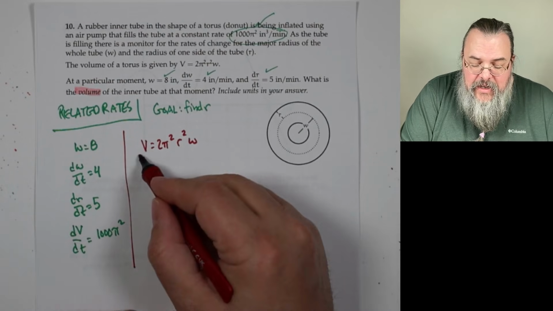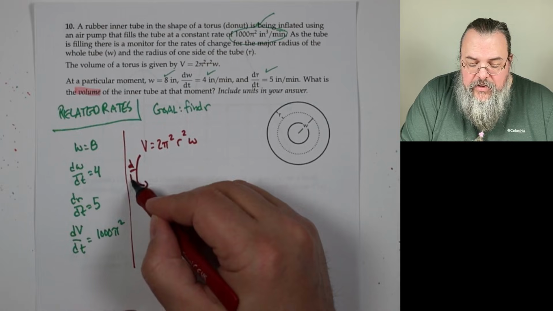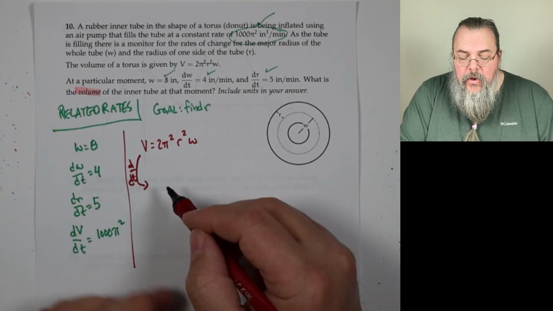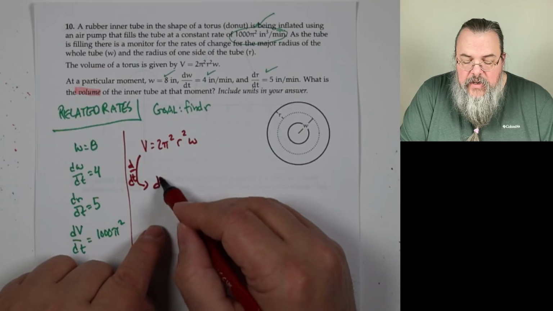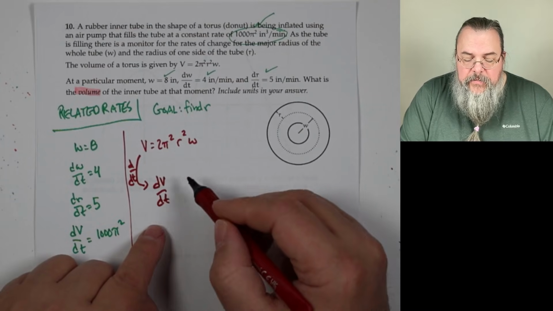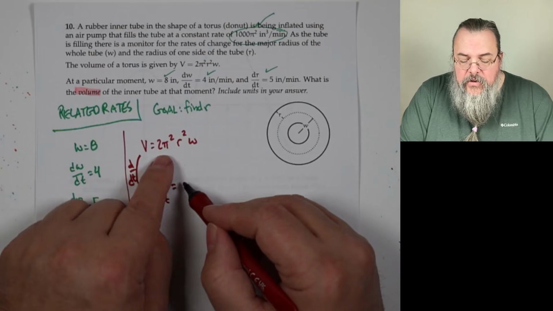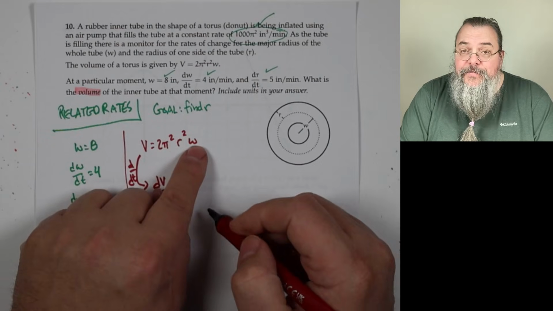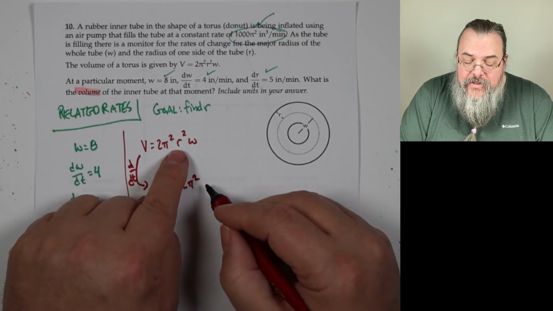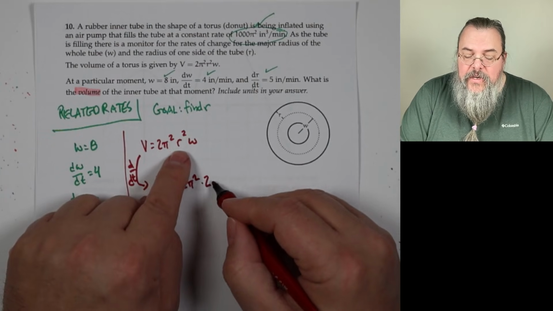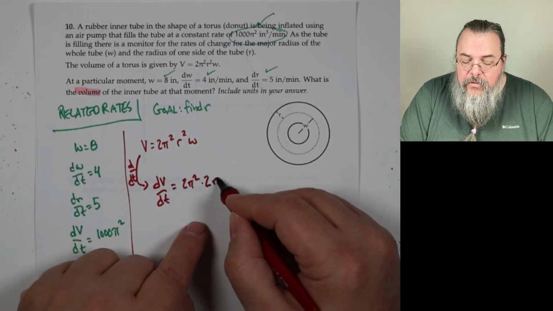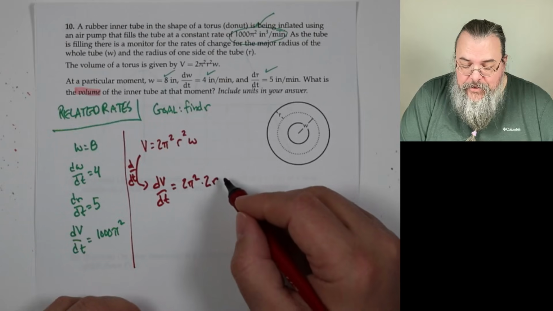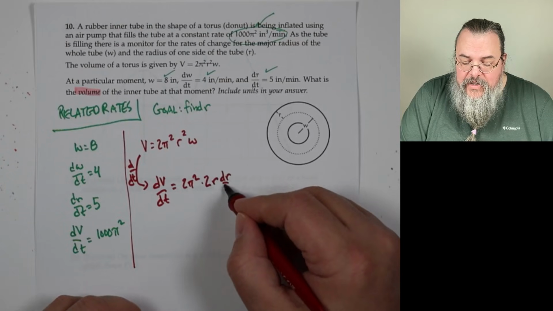So we're going to take our derivative with respect to time. We get dV/dt, derivative of V with respect to t. Well, 2 pi squared is a constant. And then we have this r squared w. So we have to do a product rule. The derivative of r squared, 2 comes down, r to the 1 times the derivative of r with respect to t, dr/dt.